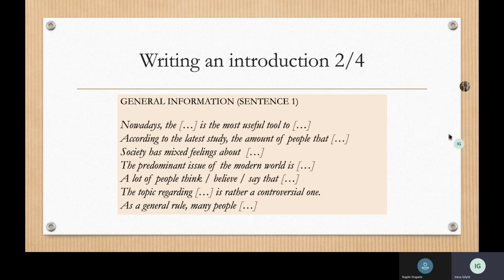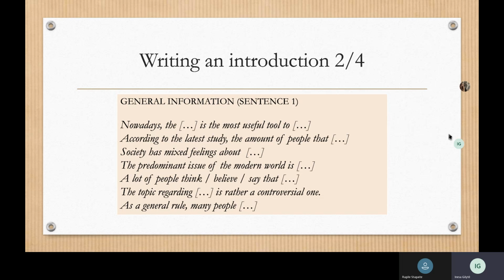Now, if you want to stand out, you could use something like according to the latest study. Of course, this means that you have to do some research beforehand, and I think that is not really necessary, because who knows what kind of topic you are going to get. So it's really difficult to guess a topic in this way.